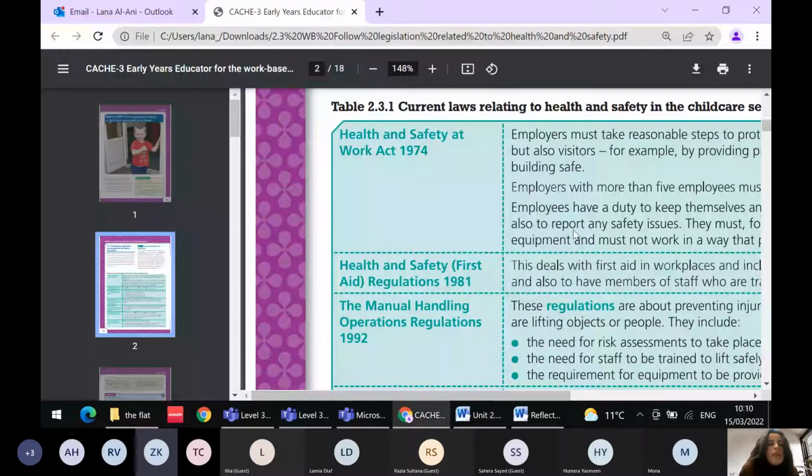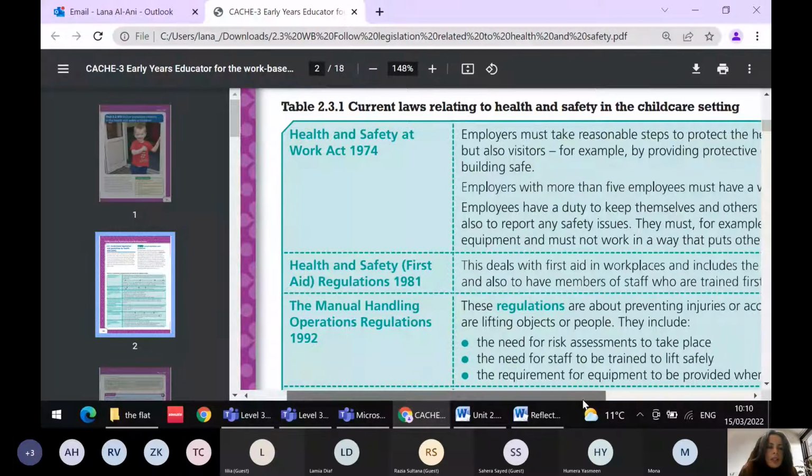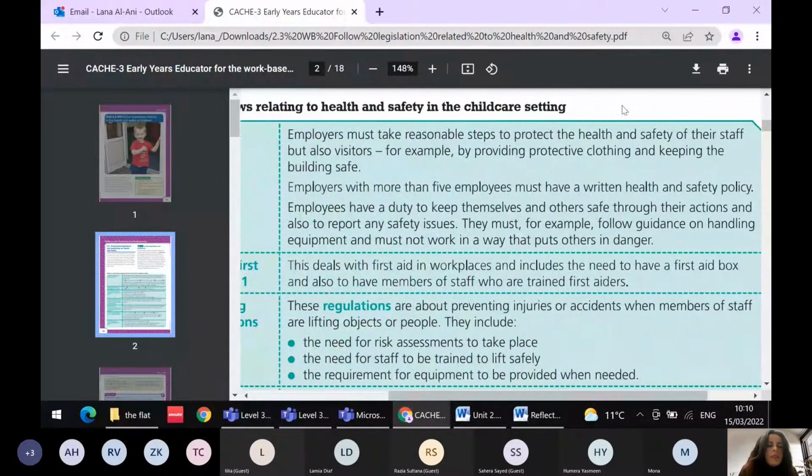Okay, so we have Health and Safety at Work Act 1974. And what is this legislation all about? That employers must take reasonable steps to protect the health and safety of their staff. So any employer has to take care of his employees, okay? Not only the employees, but also the visitors to any company.